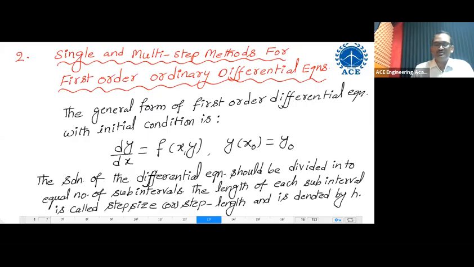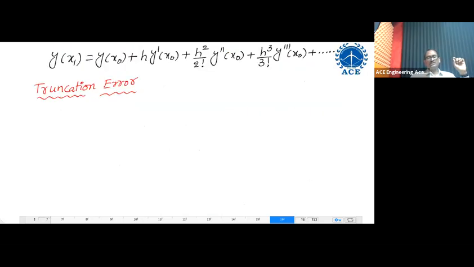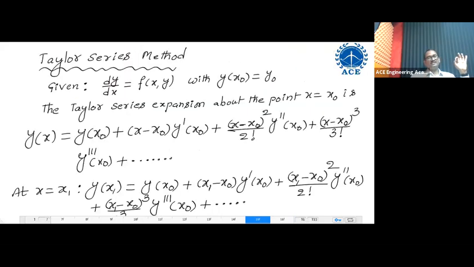And when do we use the single and multi-step methods of ordinary differential equations? Suppose you are unable to find the solution of any first order differential equation. All those first order differential equations can be evaluated with the help of numerical methods. There are several numerical methods to find the solution of first order differential equation. Among all those, the first method is the Taylor series method.